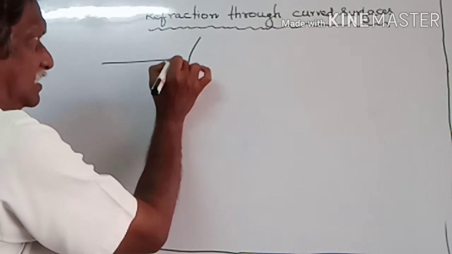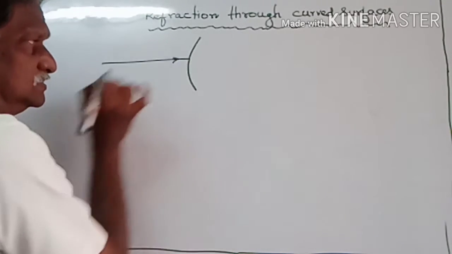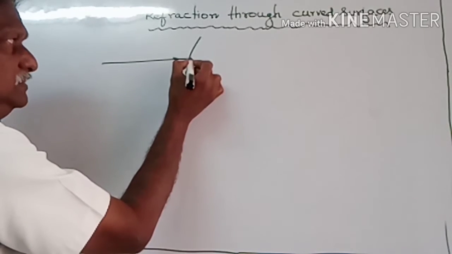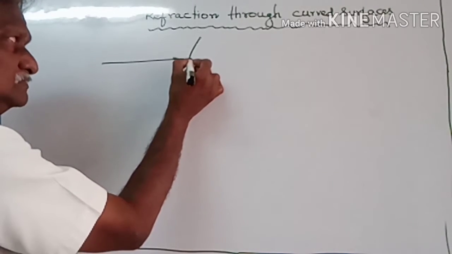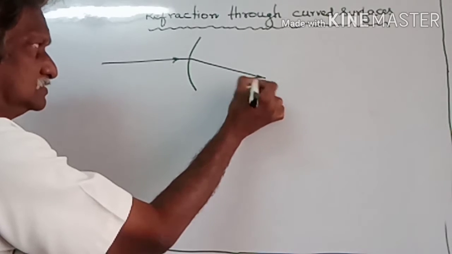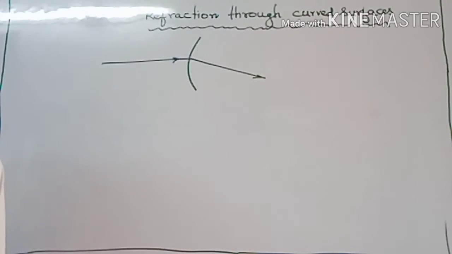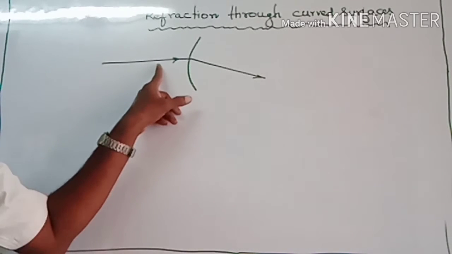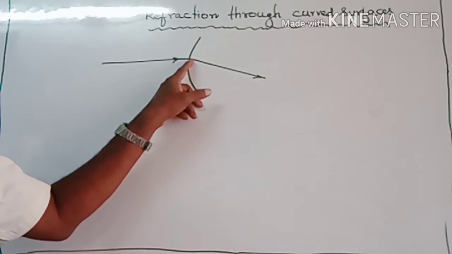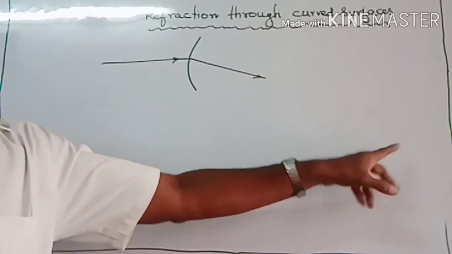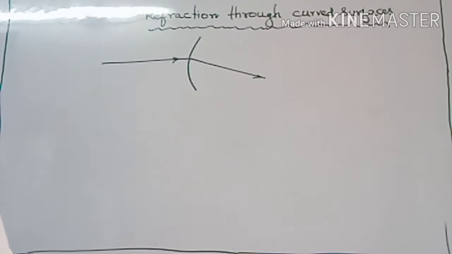This light ray, after falling on the curved surface, after meeting the surface here, bends from here onwards and refracts like this. That we already know. So a light ray passing through a curved surface refracts and then moves.